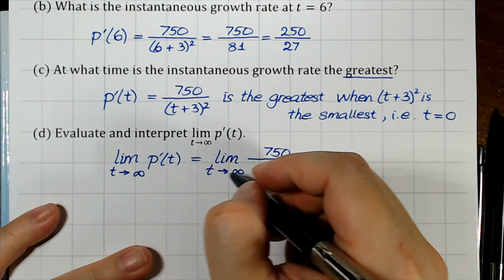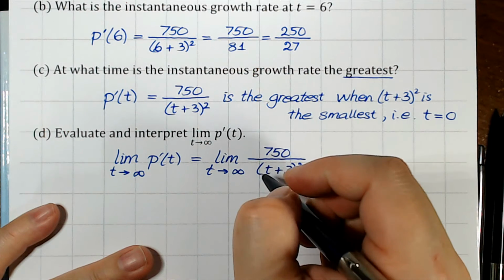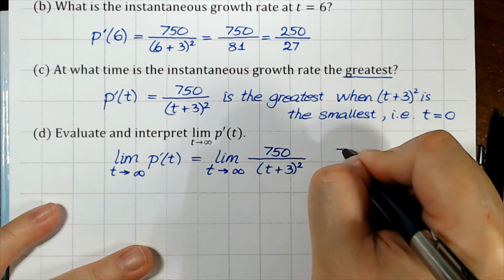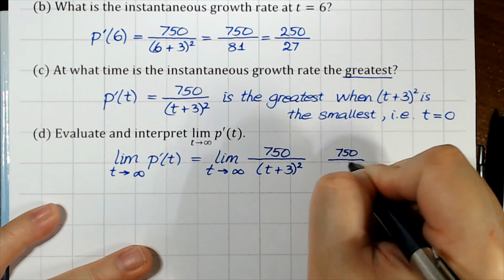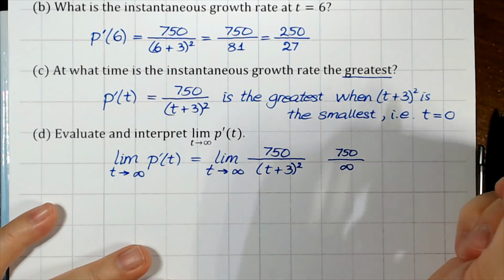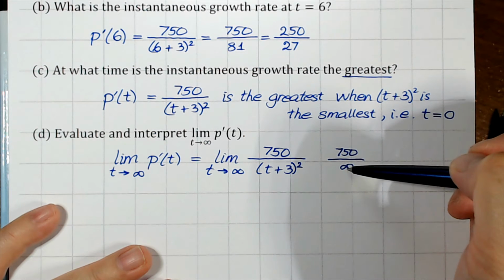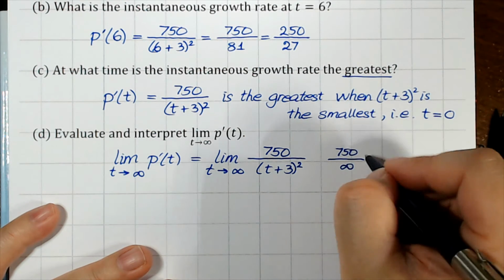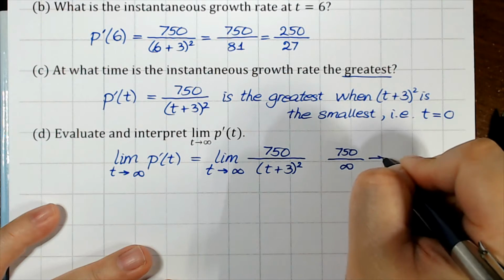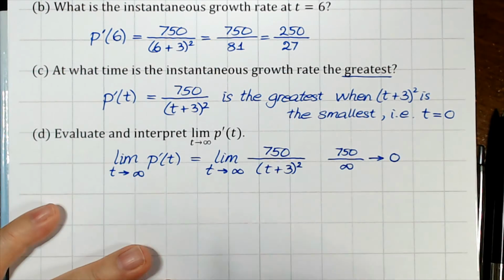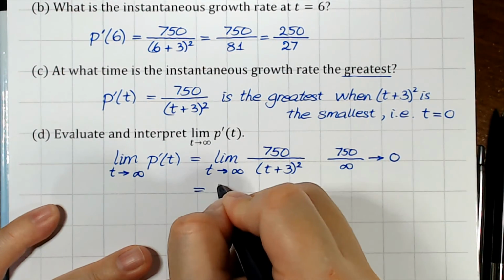As t goes to infinity, we have 750 over something that goes to infinity, and a finite number divided by something that goes to infinity is equal to 0. So the limit is 0.